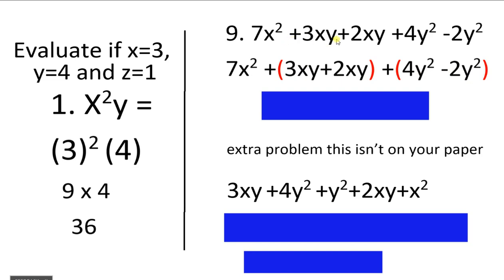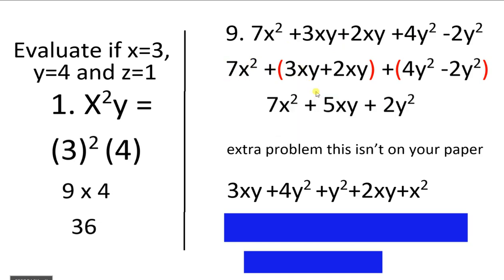Because this is addition and subtraction, we're not going to add or combine these powers. We're just going to combine the numbers. So we come up with 7x squared, and then 3xy plus 2xy, we get 5xy, and then 4y squared take away 2y squared gives us 2y squared.